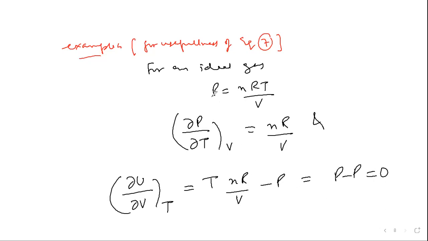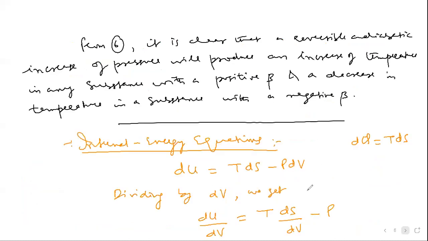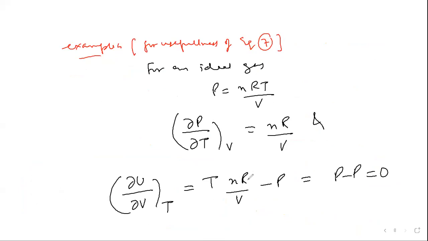What we have done, we have taken the equation of state for an ideal gas, PV is nRT. Then we found the partial derivative of P with T, holding V constant, which is nR by V. Then we used 7. ∂U/∂V at T is T times ∂P/∂T at constant V minus P. We substituted nR by V, and nRT by V is P, so the result is 0.